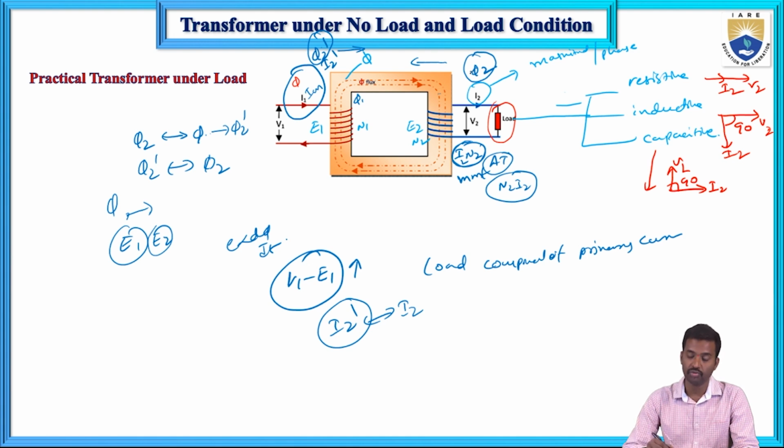This phi 2 flux is produced because of the load only, and this phi 2 dash flux neutralizes the phi 2, and the phi 2 dash flux helps the main flux.